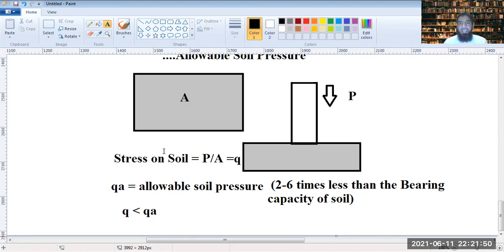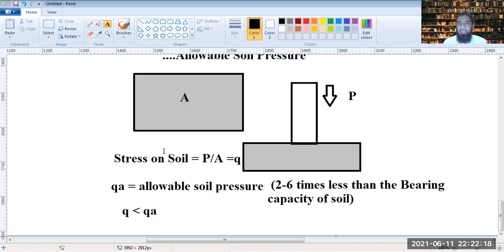But in this design, we usually go for partial load factors. They are applied onto the load coming onto the foundation, that's the dead load, the live load, similarly the wind load and the earthquake load.